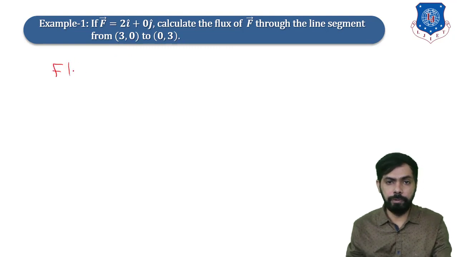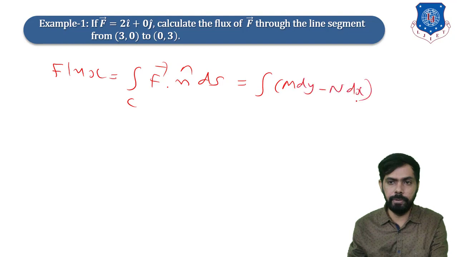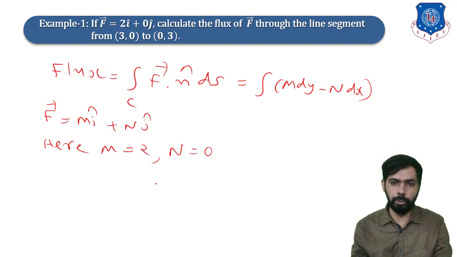So here flux is given by line integral f dot n cap ds over a curve c, that is equal to integration m dy minus n dx. So here in this example, if we compare f with m i plus n j, then here m will be 2 and n will be 0.